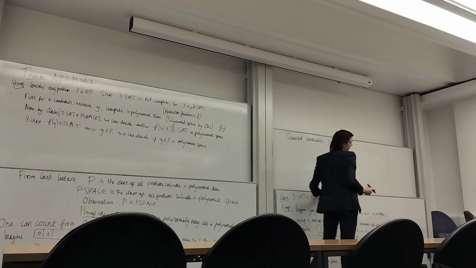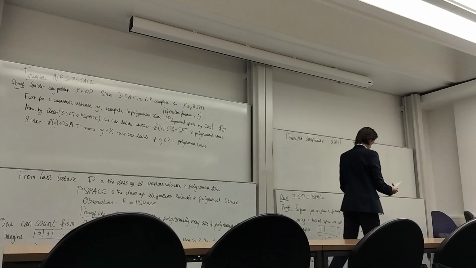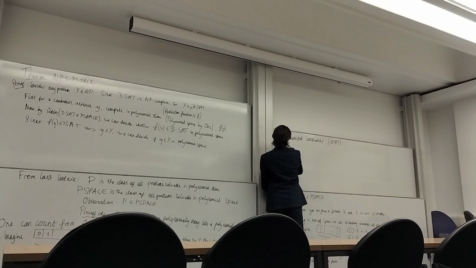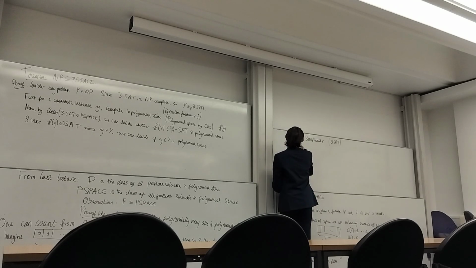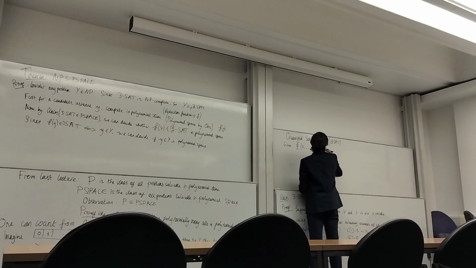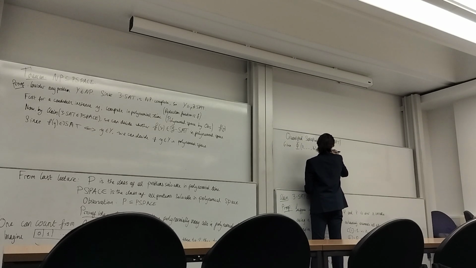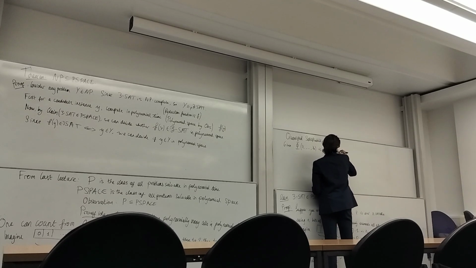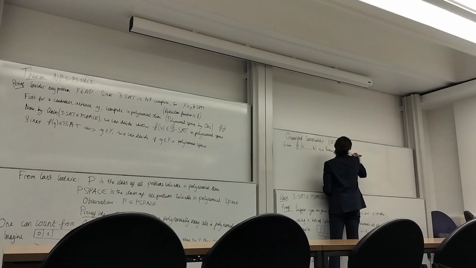So you're given, I'll make sure the notation matches, y on, let's say, n variables x1 through xn, is a Boolean formula in CNF.